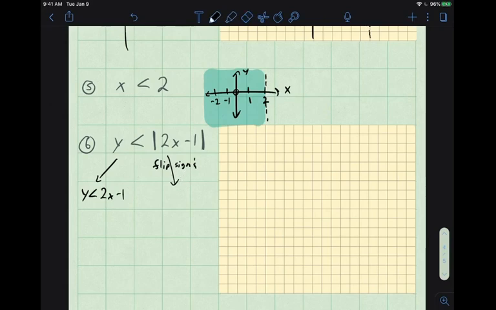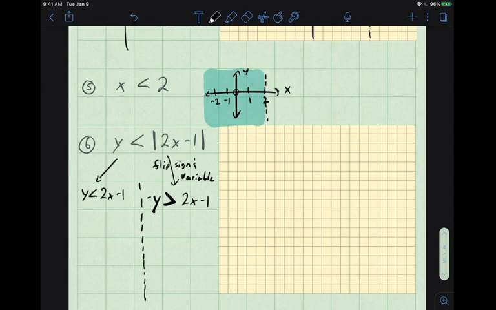So it looks like negative y is now greater than 2x minus 1. That's how we graph inequalities, that idea of flipping it, because there's two equations here. In this case, we have two inequalities. So as we solve both of these two, we have to graph them.